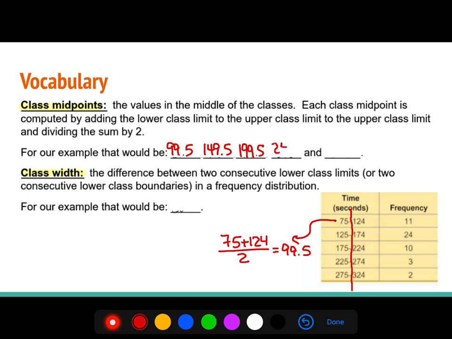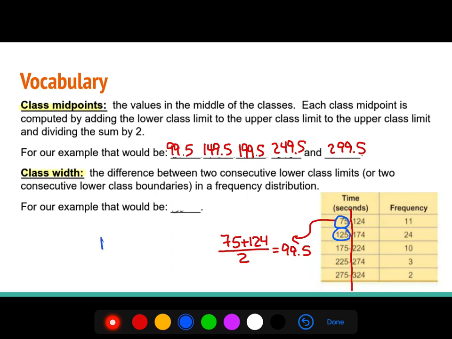Halfway in between 125 and 174 is 149.5. Then comes 199.5, 249.5, and our last one, 299.5.